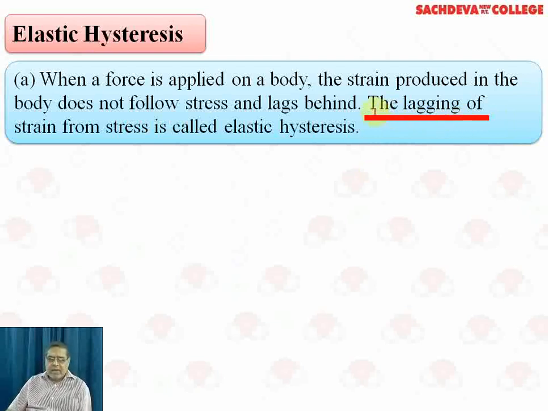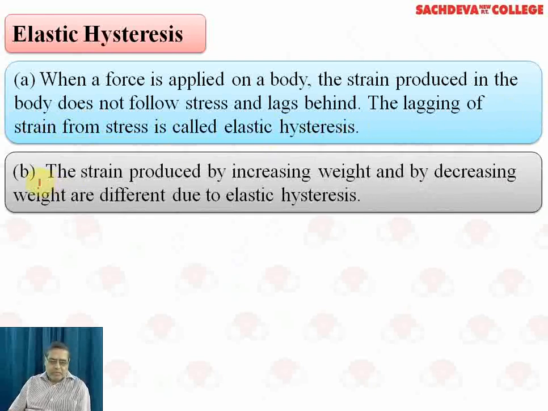So the lagging of strain from stress is called elastic hysteresis. Next point: the strain produced by increasing the weight and by decreasing the weight are different due to elastic hysteresis.